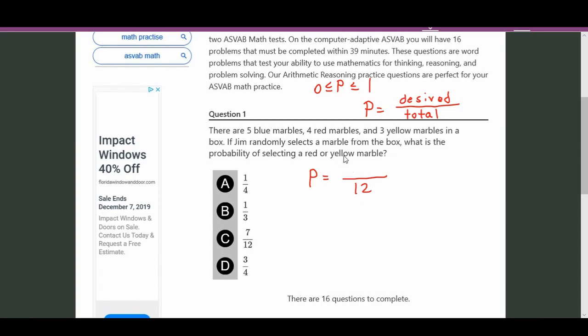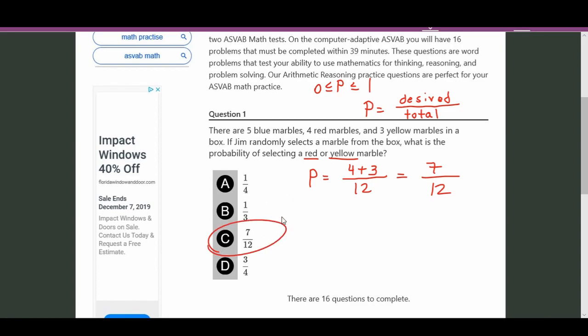Similarly, the question tells you what the desired outcome is. What's the probability of selecting a red or yellow marble? Again, you just simply take those. There's 4 red and 3 yellow, and add them up. 4 plus 3 is 7 over 12. And as you can see, the probability in this case is 7 out of 12.